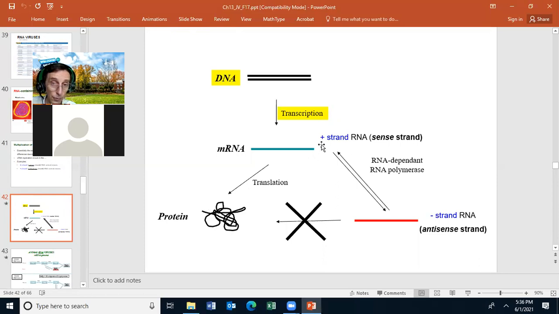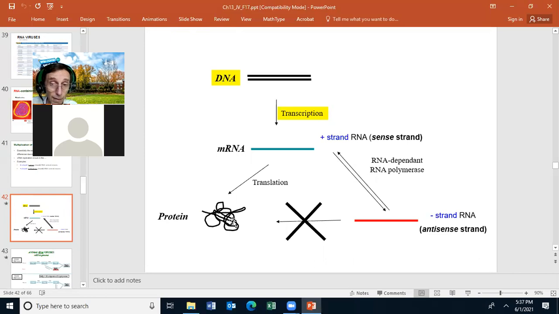And to make the genome, the positive strand RNA virus will make a negative strand, which is the antisense to the positive strand, and then use the negative strand to make more positive strand or more viral genome. And then the viral genome, the positive strand RNA, will get together with the viral protein to make the new RNA virion. Any questions about any of that?